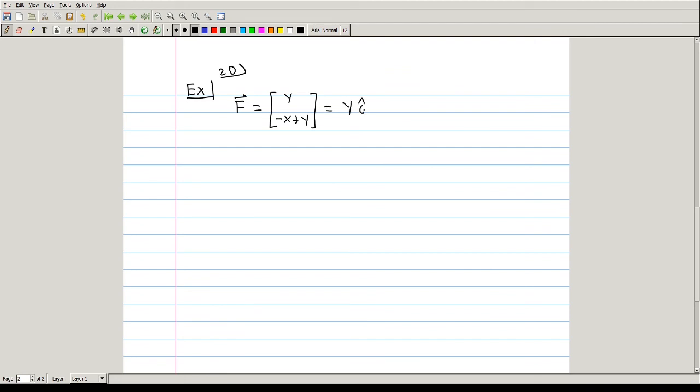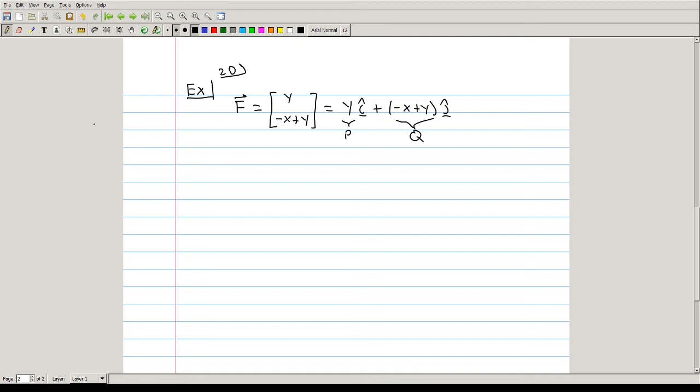Or y times i plus the function negative x plus y times j. So in this example, this is our function p, and this is our function q. Because it's in 2D, we don't have a function r.